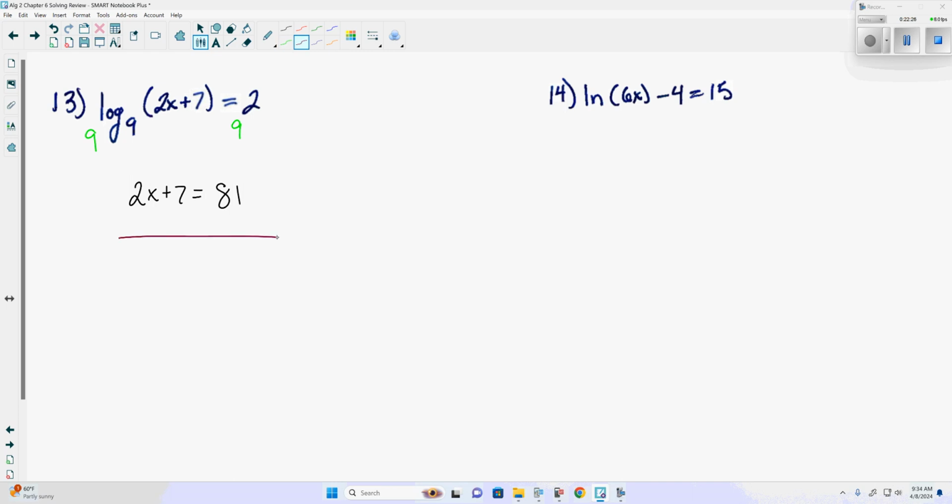Now solving for x, we would subtract 7, telling us 2x is equal to, I believe, 74, yes? And lastly, we would divide by 2, telling us x is 37.